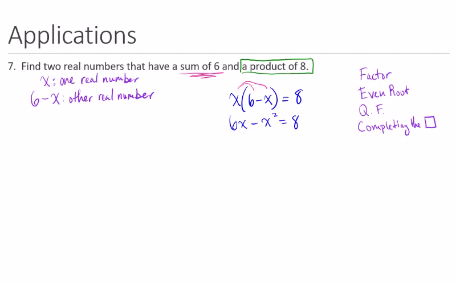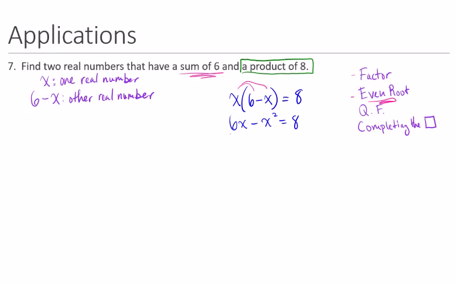The good thing about both of these is they both always work. The quadratic formula and completing the square work for any scenario, whether you have rational, irrational, imaginary or complex roots, or no solution. Whereas factoring and even roots have to be set up nicely. With even roots, you have to have a squared variable or even-powered variable and no other variable.